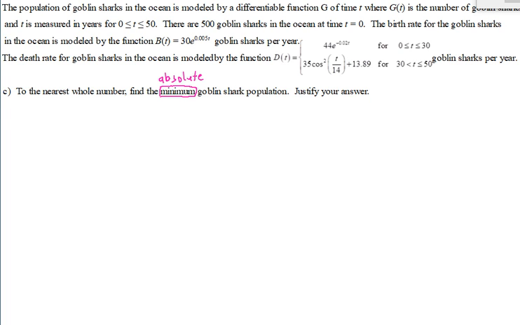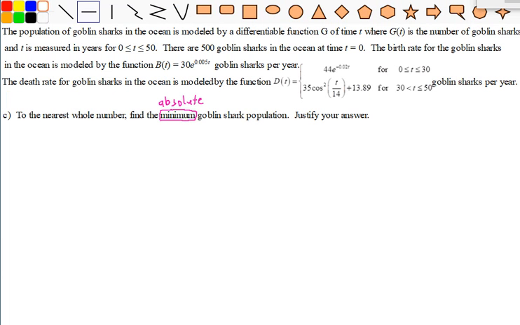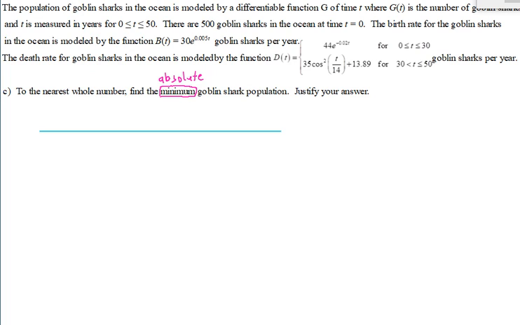So when we draw our number line for the rate of change here, well, we've got endpoints of 0 and 50. And what's also going to be significant is the break point of our piecewise function, which is 30, because the derivative is different on each of these pieces.